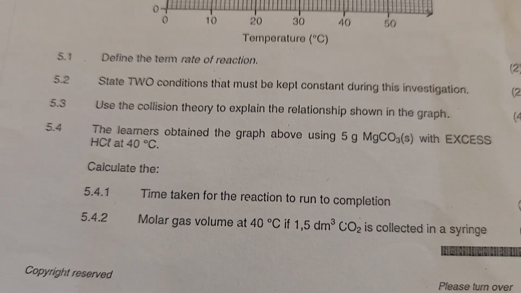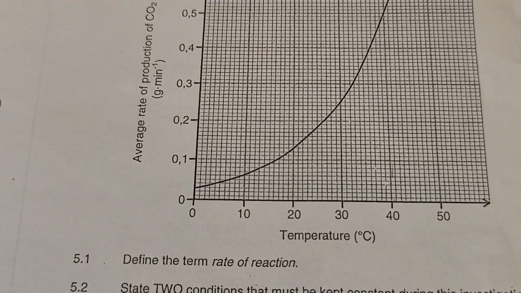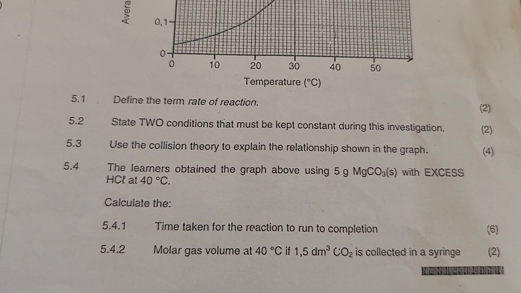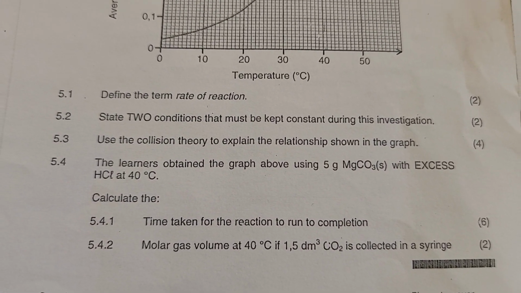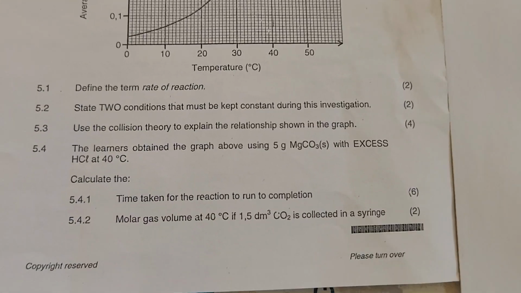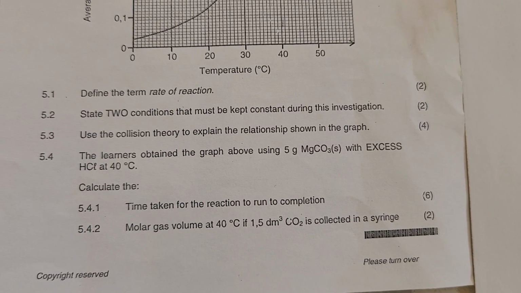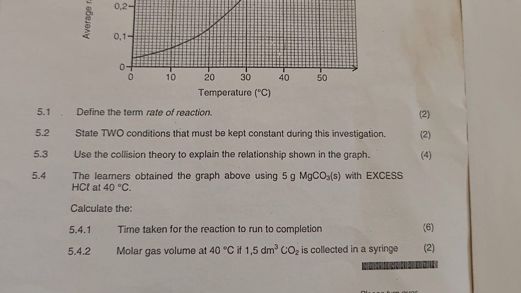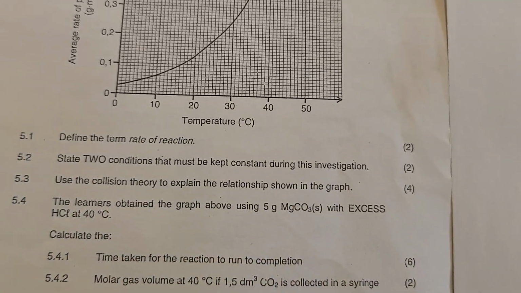In this case, the rate is measured on carbon dioxide, therefore we need to use the magnesium carbonate to find how much carbon dioxide will be produced, and then we can calculate the rate from there, because on the graph we are given carbon dioxide, not magnesium carbonate.